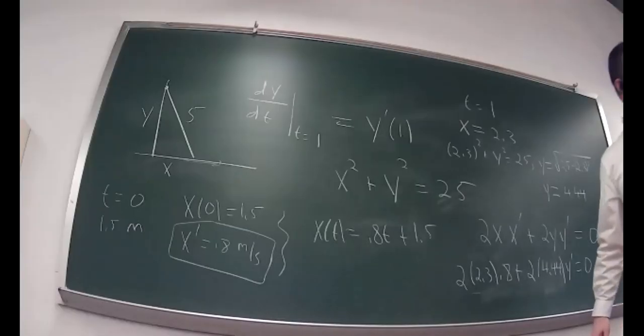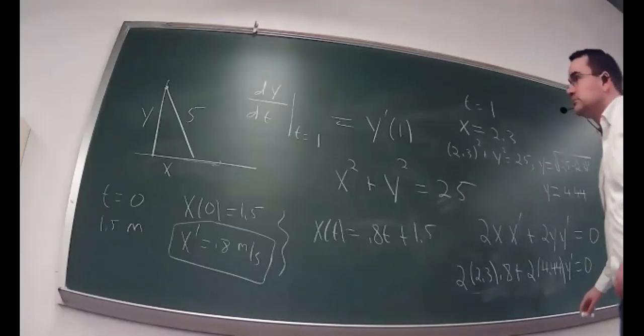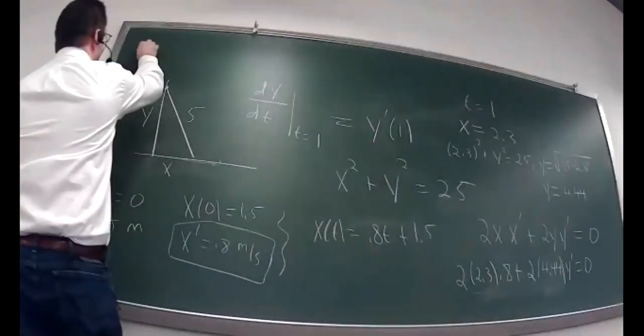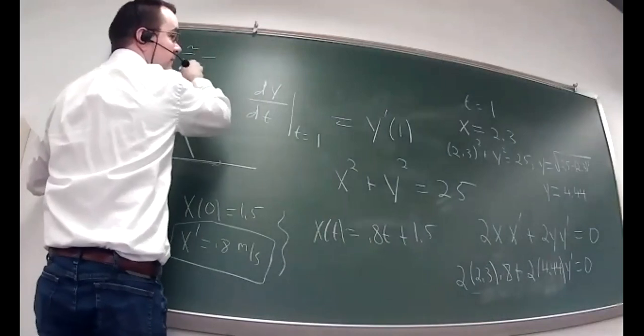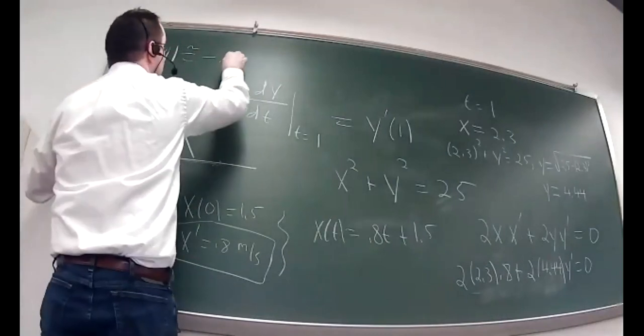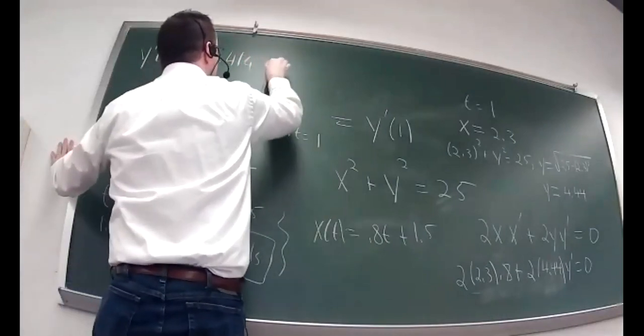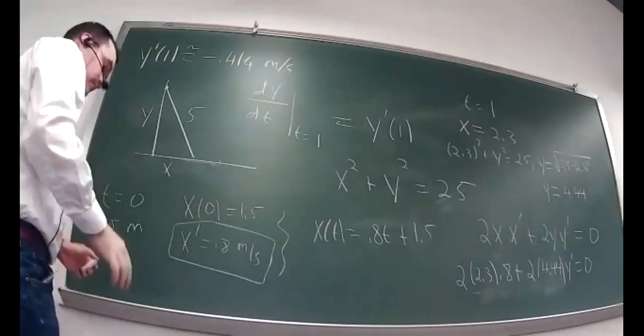So I'm getting that y prime of 1 is roughly equal to negative 0.414 meters per second.